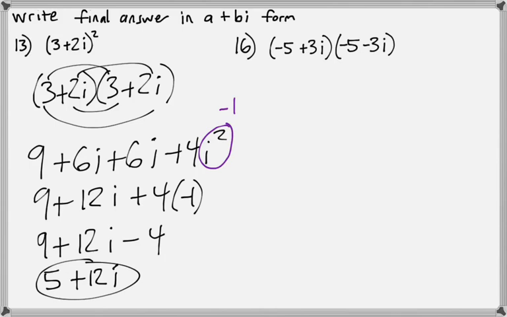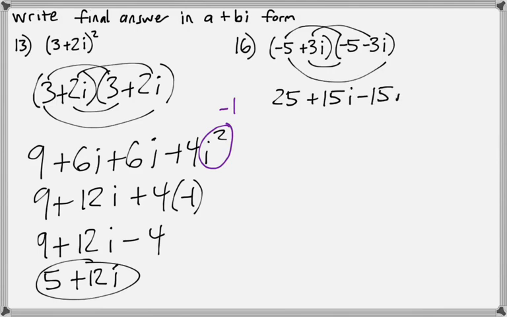Skipping to number 16, I want to FOIL these, and that's going to be a +25 plus 15i minus 15i minus 9i squared.